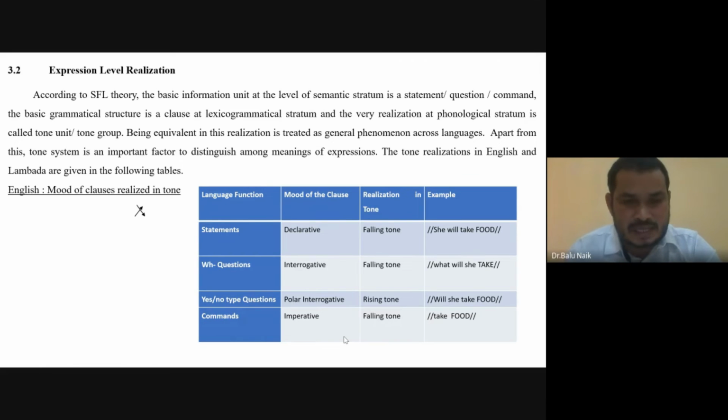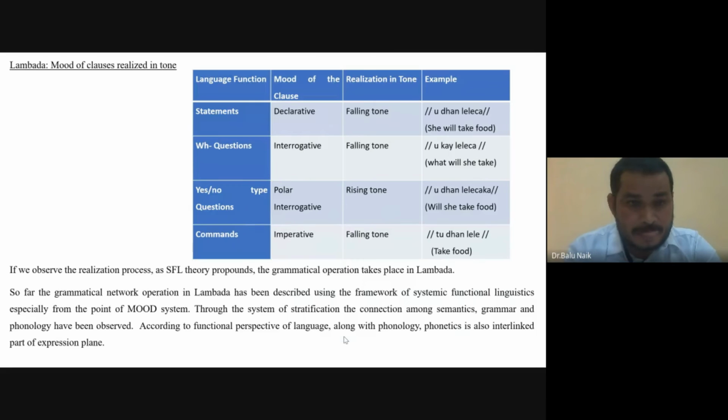This example is from the English language. Statement, WH question and comments have the falling tone, yes or no type questions have the rising tone, and the remaining are falling tones. She will take food is declarative, what will she take is a WH question. Only yes or no type questions have the rising tone. In the Lambada language also it is the same.